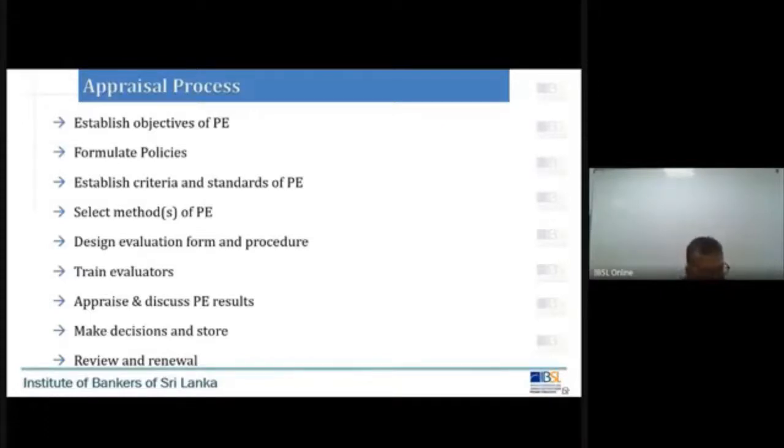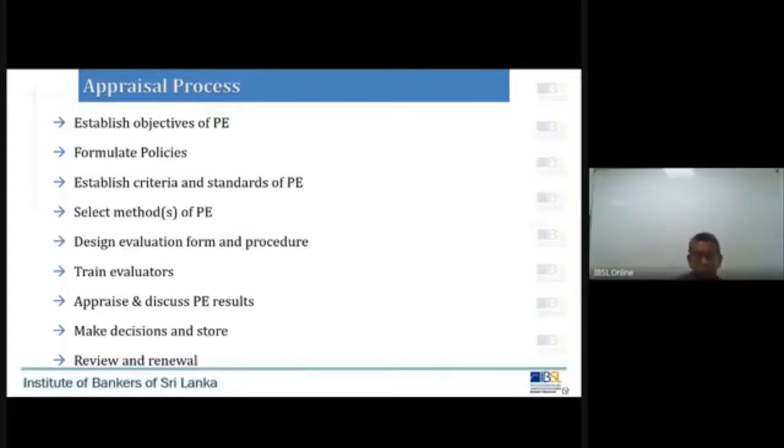Second, when you are going to evaluate, whether every year, every 3 months or every 6 months, that is the evaluation policy. When it is done, how and who. So that's the policy.